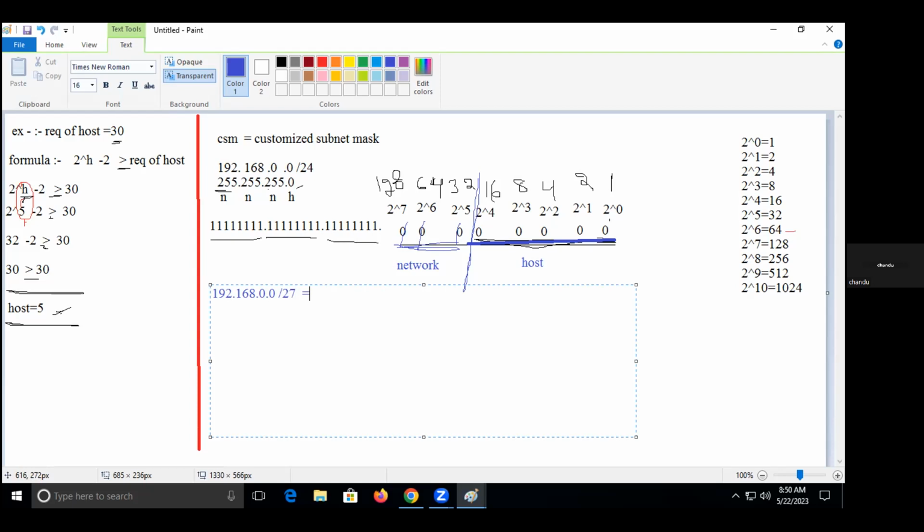The subnet mask will be 255.255.255 and then the 3 new network bits, 128 plus 64 plus 32, which gives 224.